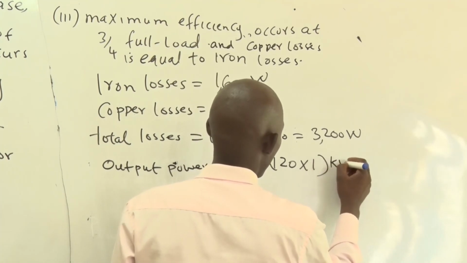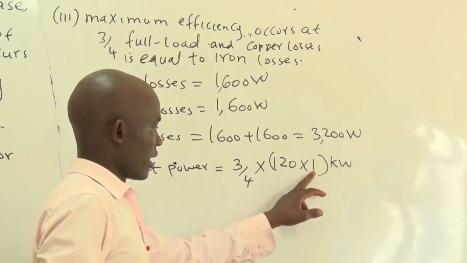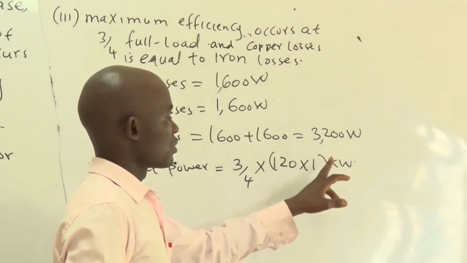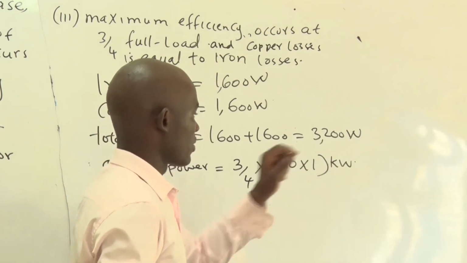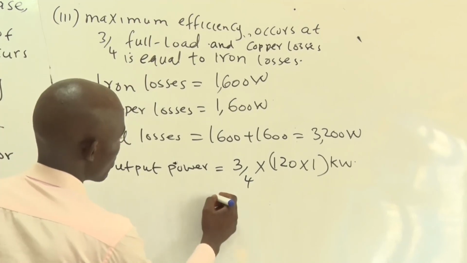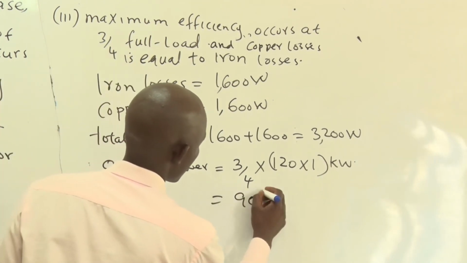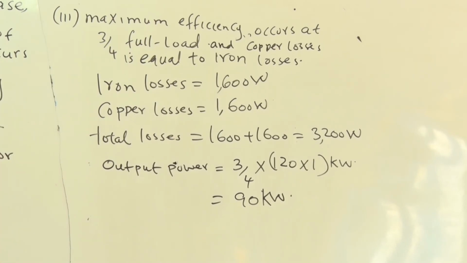Remember now, I'm taking 120 multiplied by 1 because I want to convert this 120 kVA to kilowatts. Remember, this is in kVA and we are supposed to work with kilowatts. So 3/4 of 120 should give you 90 kilowatts. So that is the output power.